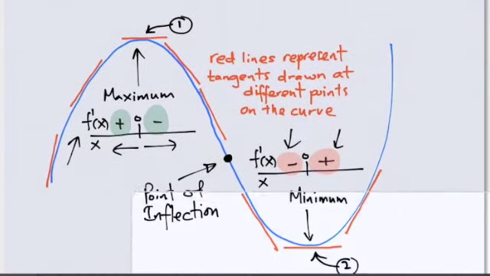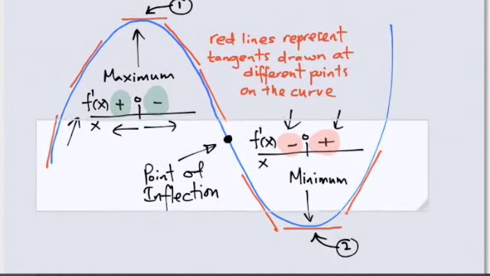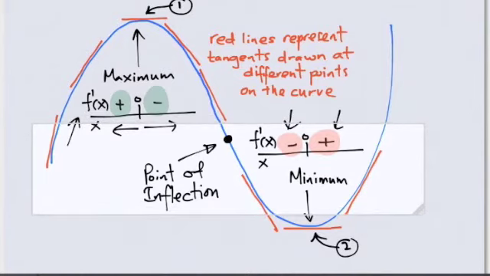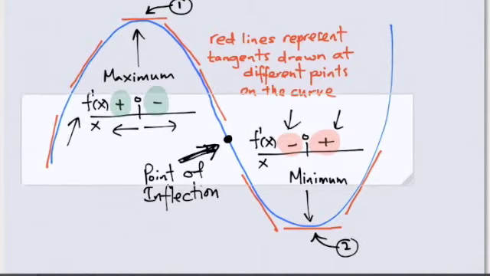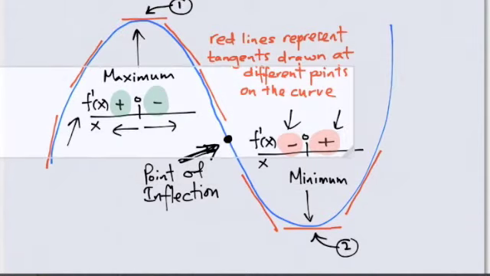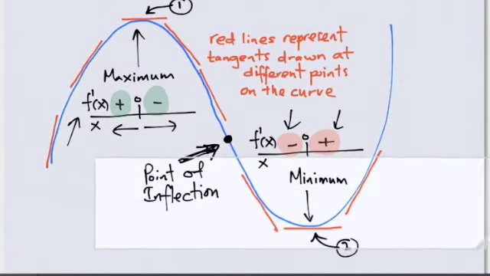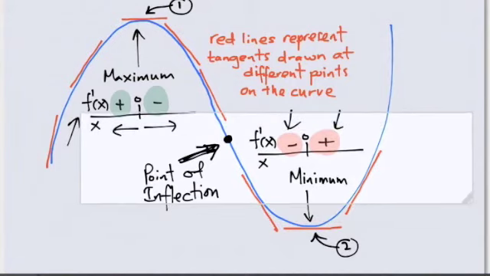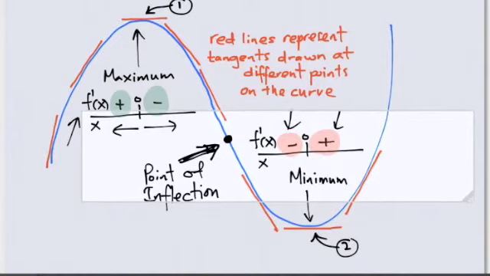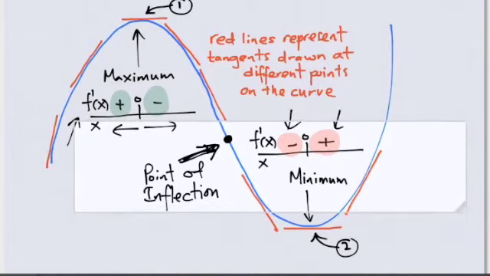So those are two turning points, and we also here have denoted what we call a point of inflection. To the left of the point of inflection, we see the curve is concave down, and to the right of the point of inflection, the curve is concave up. So clearly at the point of inflection, the curve changes its shape from concave down to concave up.